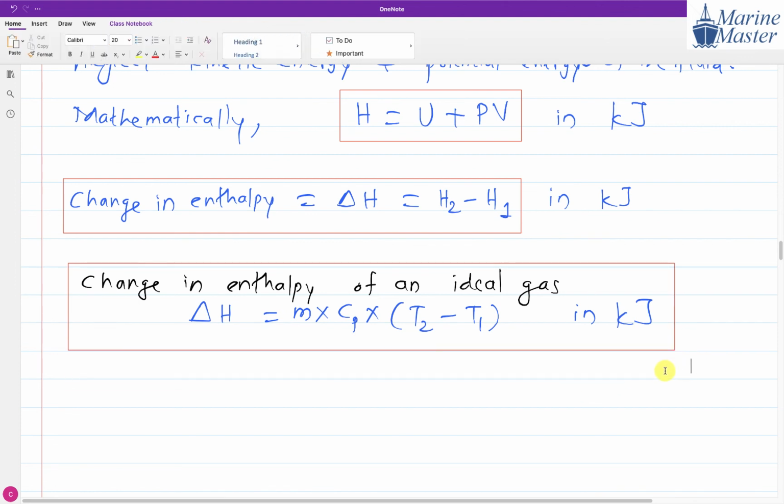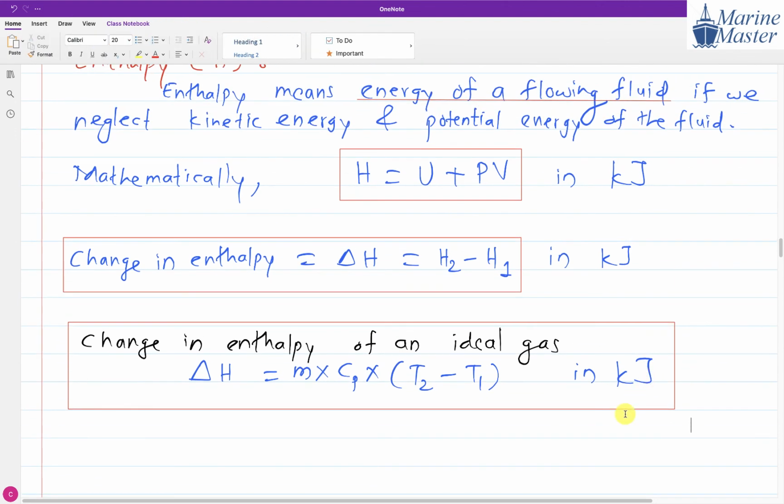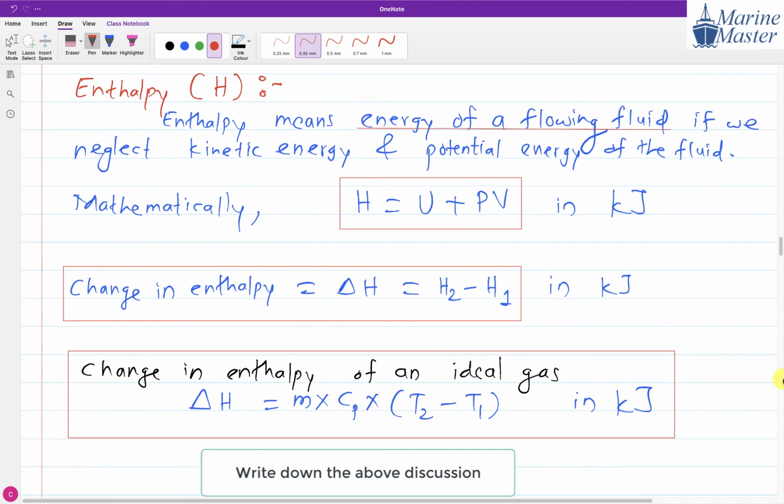For a change in internal energy, it is m Cv (T2 minus T1). For change in enthalpy, it is m Cp (T2 minus T1). Try to understand the difference here.